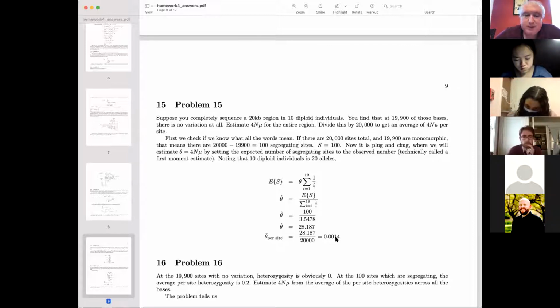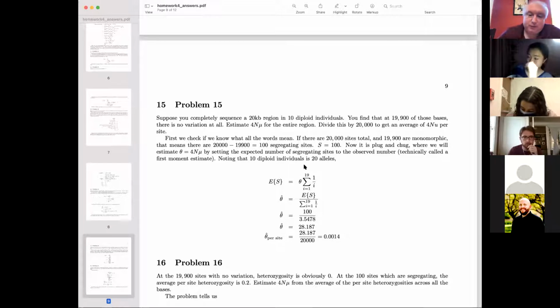And this is a bread and butter problem. Expect to see stuff like this the rest of your life, and therefore expect to see stuff like this on the exam, because we're going to try to practice and make sure we can get from the number of sites we see to an estimate of theta, and vice versa for our own sequencing experiments, so that we know both ahead of time, because we thought we knew theta, what we should get out of our sequencing experiment.